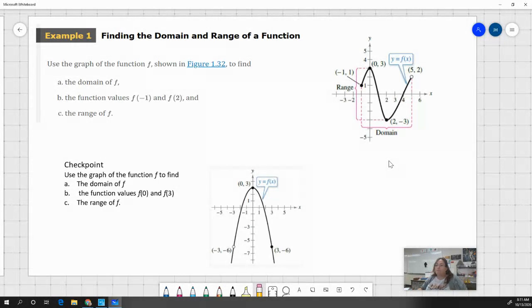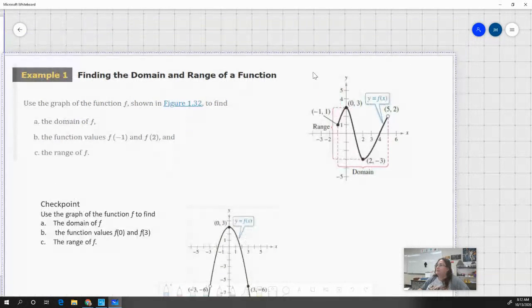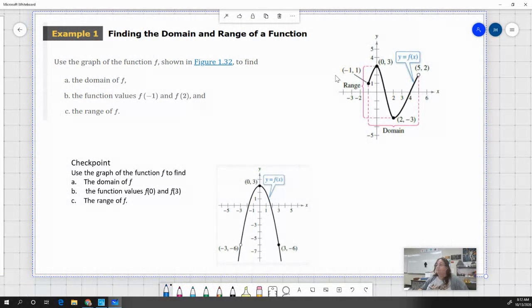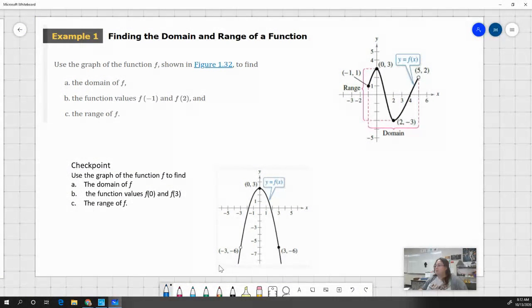I'm going to turn my pen on really quick and do a little writing in blue. So here it's talking about the domain of f.